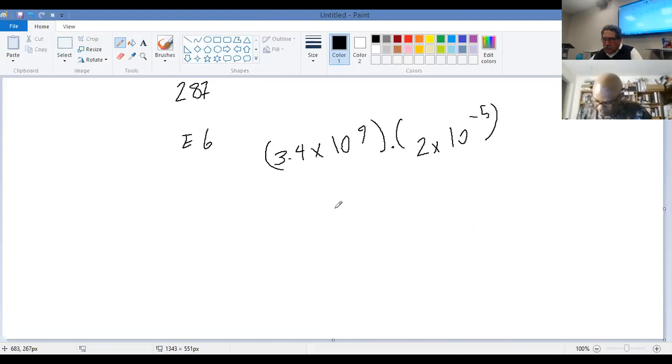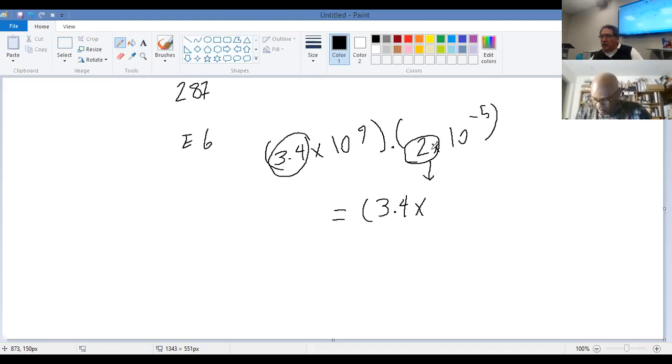So this is multiplication. This is the same as, because you see we can write it this way, 3.4 times 2. I take these two and put them into one parenthesis. Remember the associative property doesn't matter.